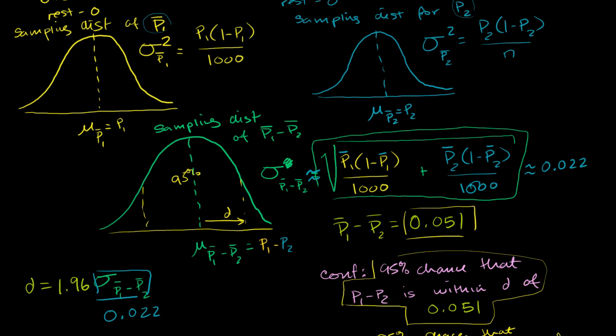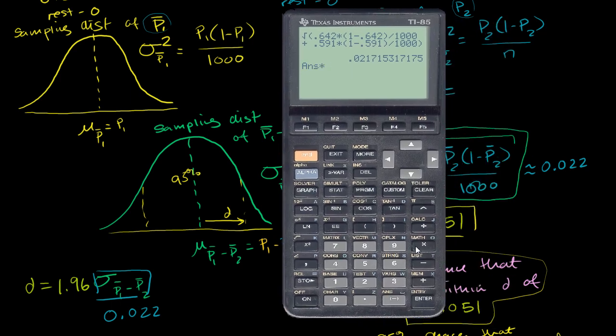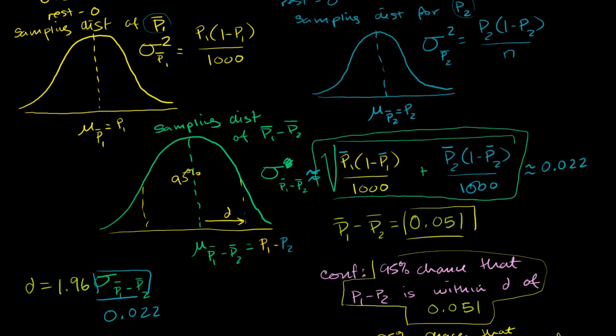So let's just multiply that: 0.022 times 1.96 gives us 0.043. I'll just round it. And just like that, we have our confidence interval.